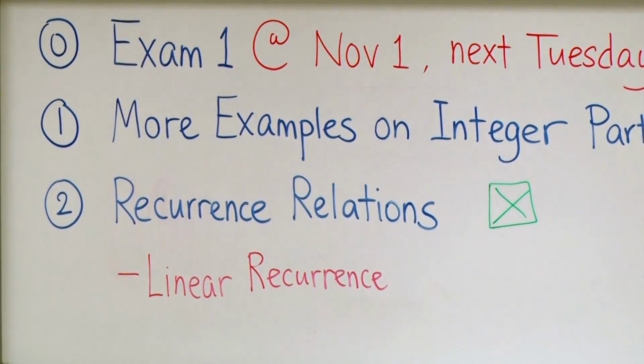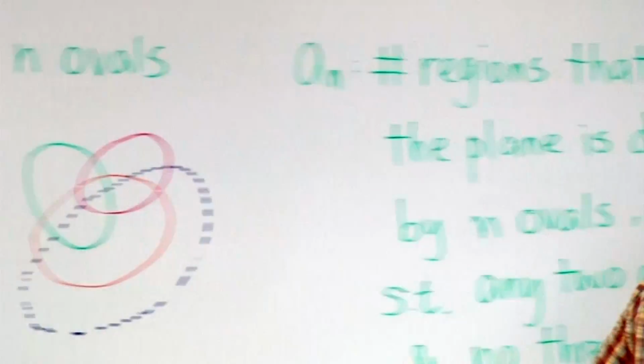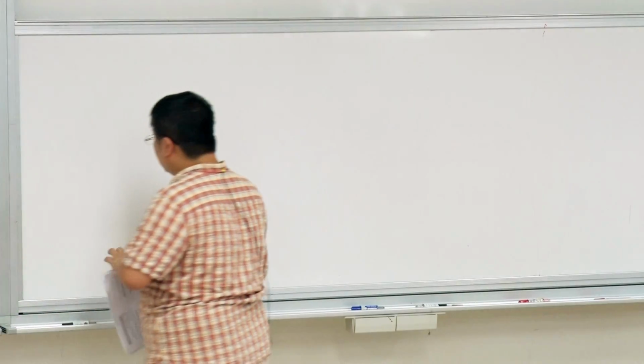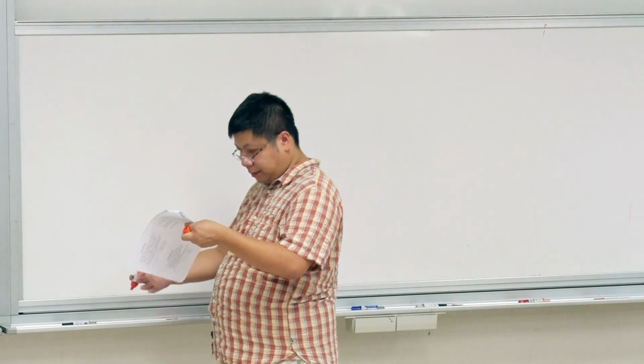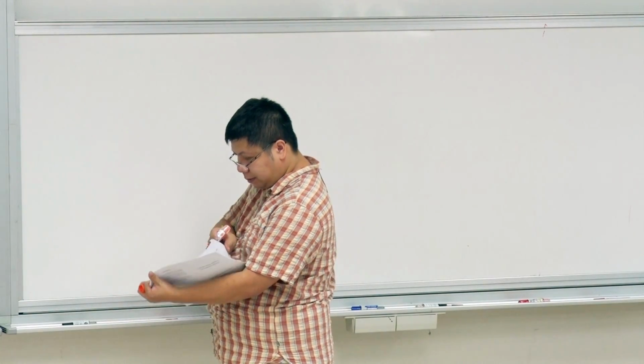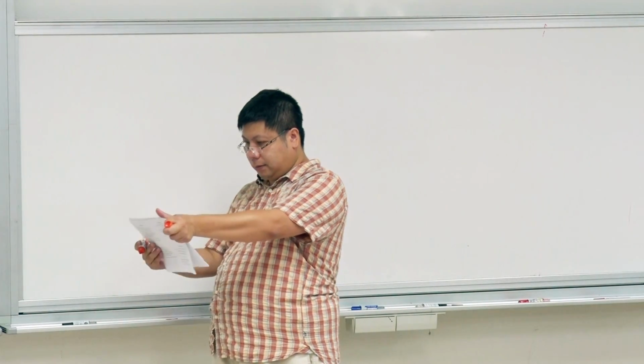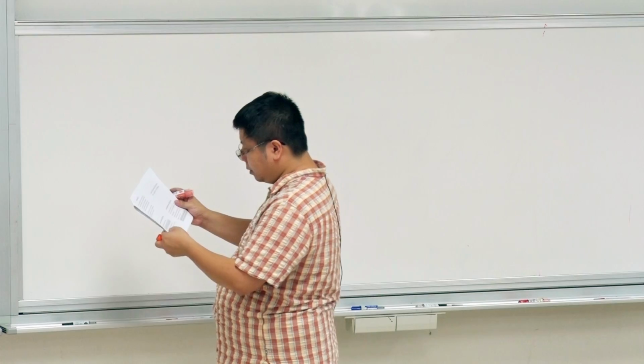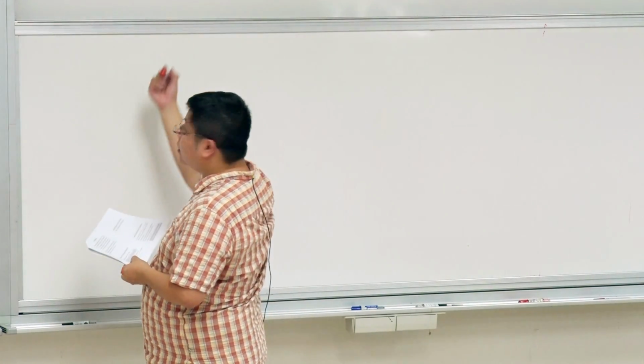Okay, so how does a linear recurrence look? A linear recurrence looks like this.